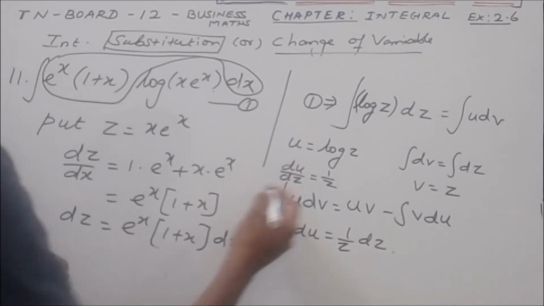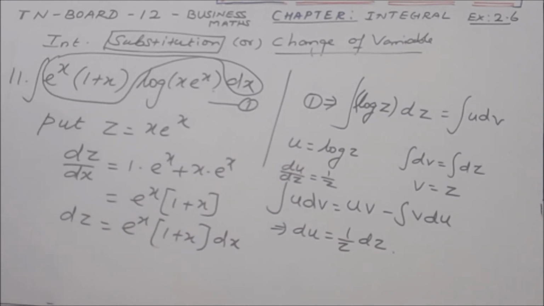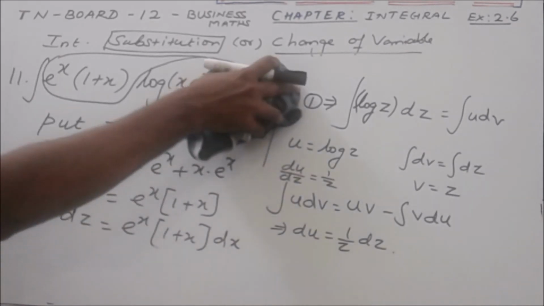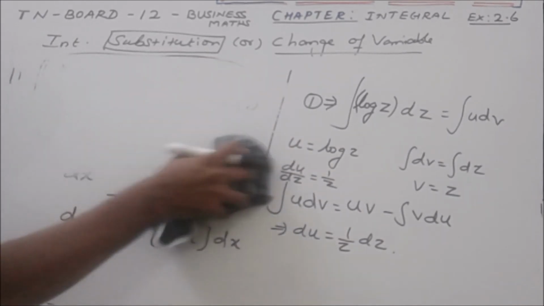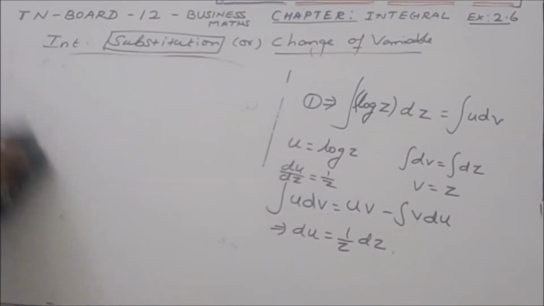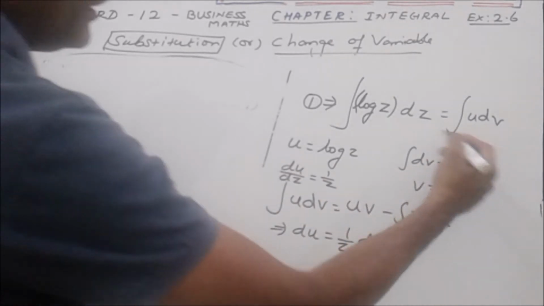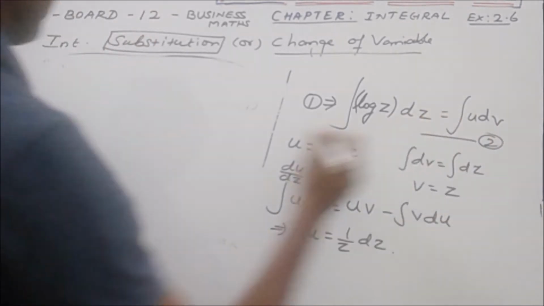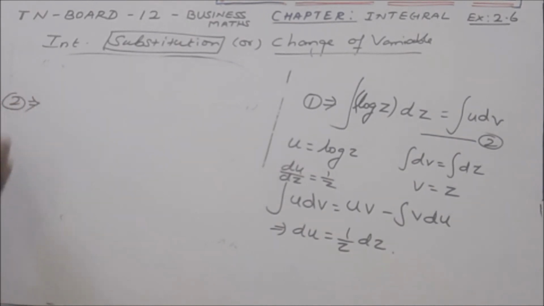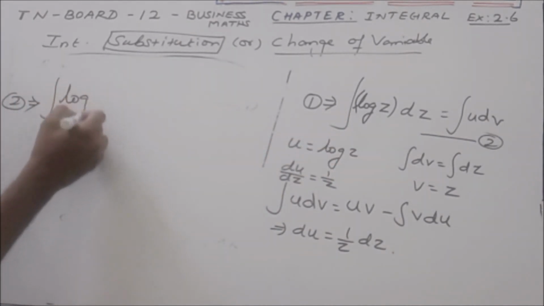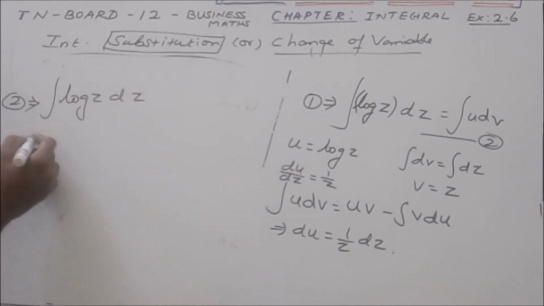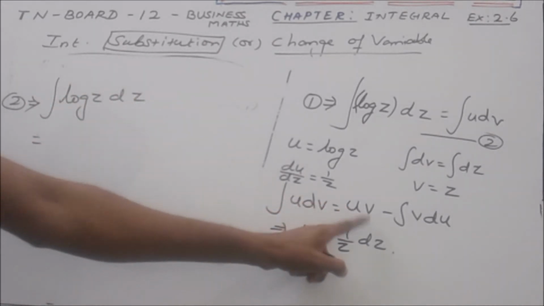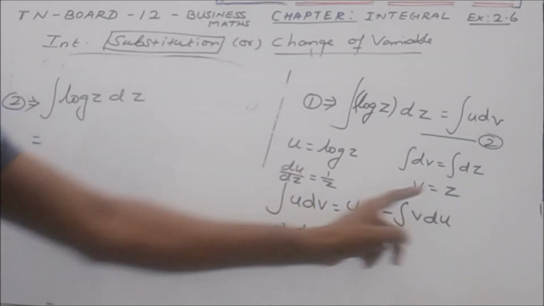Now we can apply the formula integral u dv equals uv minus integral v du. Take it as 2. Integral log z dz equals uv, the product of u and v. U is log z, v is z.